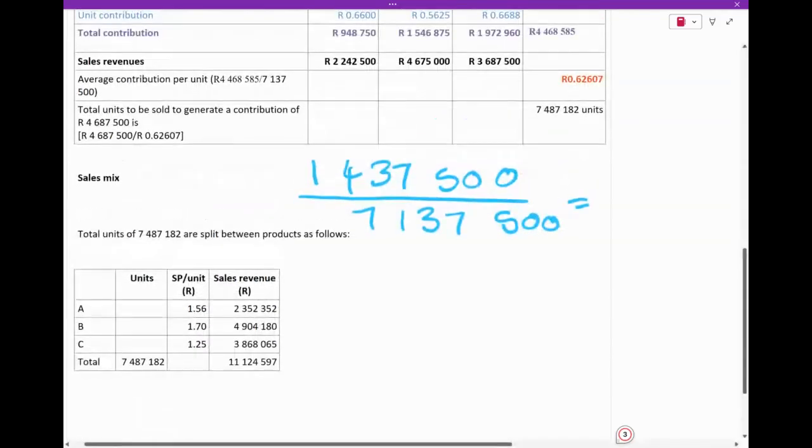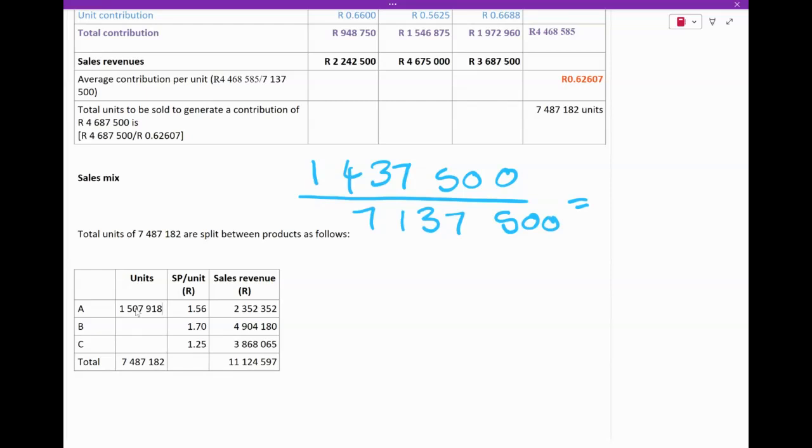It's coming from your total number of units that need to be sold to cover that contribution we want. So, how many units for A? 507,919, so it's a fraction.